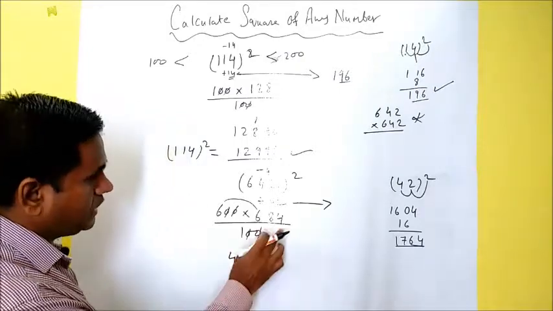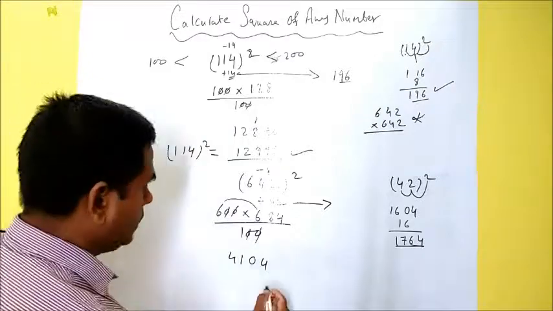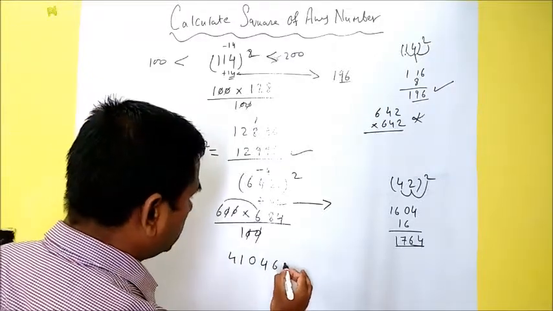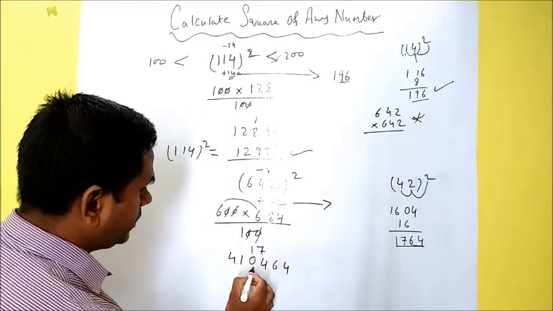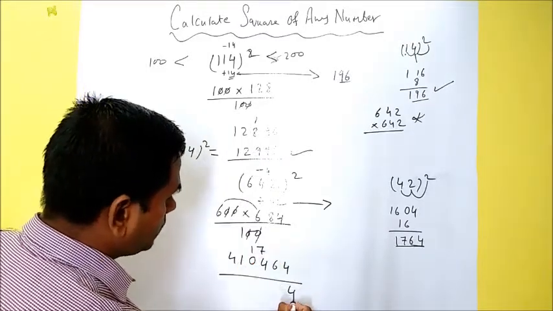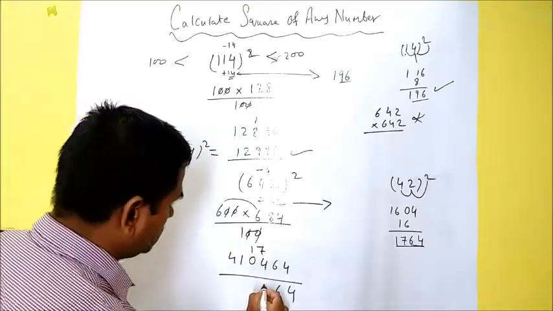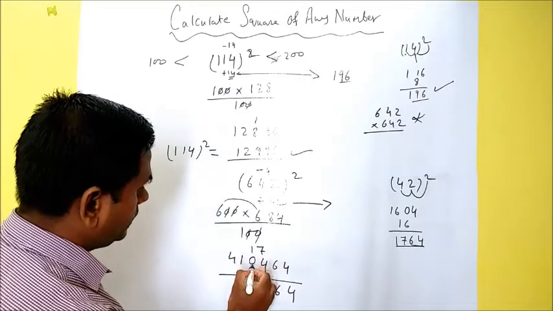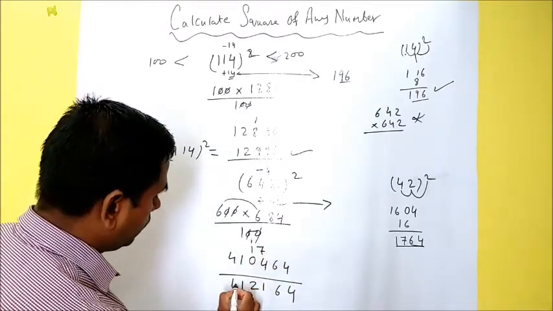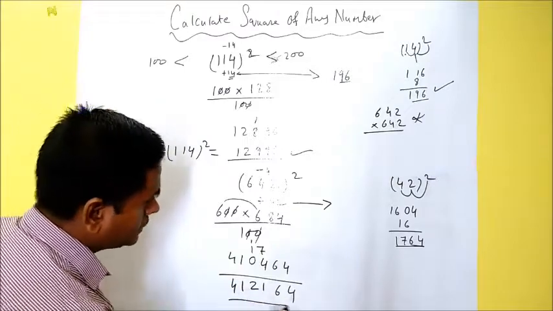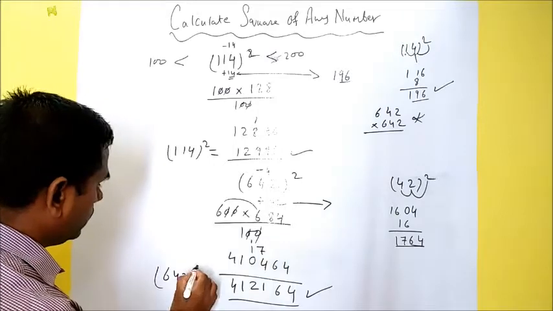This is the multiplication. Now in this, since we can take only 2 digits, 64. What about the remaining 2 digits? Remaining 2 digits will be added here. So this becomes 4, 6. 7 plus 4 is 11, and here one carry forward, so this becomes 2, 1, 4. 412164 is the square of 642.